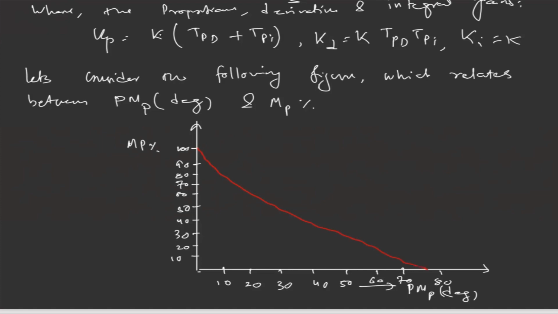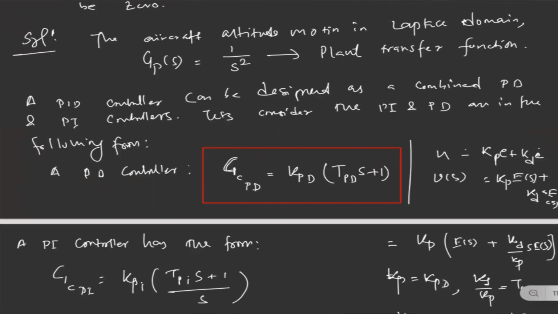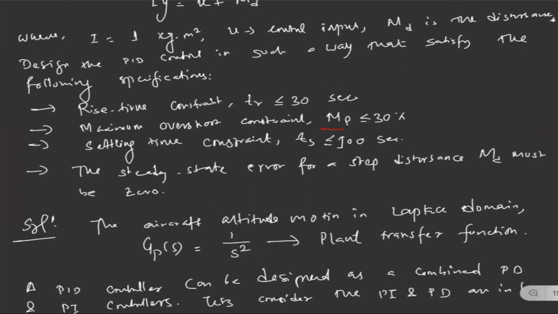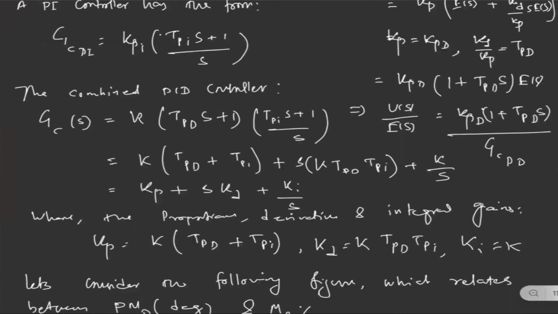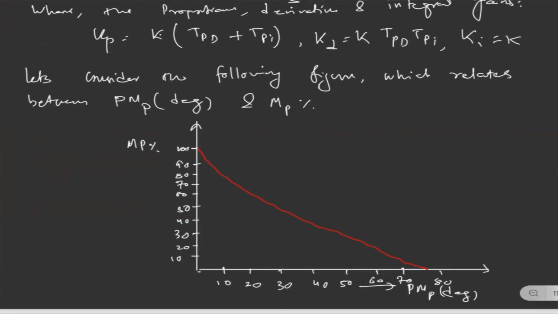Something like this. And since we are given the overshoot, which is basically 30%. For the 30% overshoot, let's assume this is the 30% overshoot. Actually, this plot should be a little different.